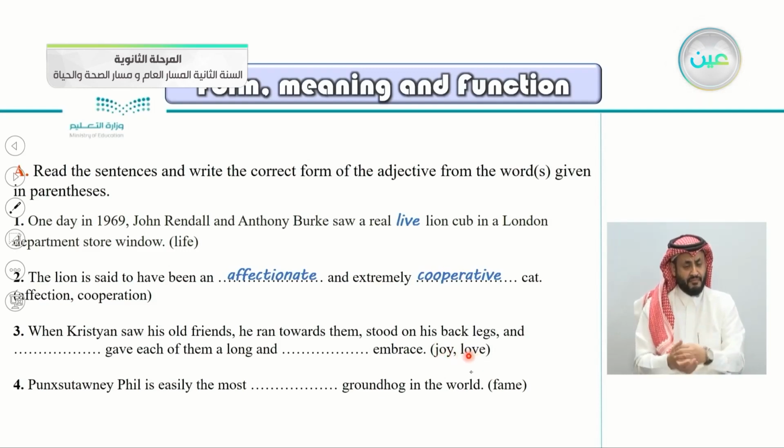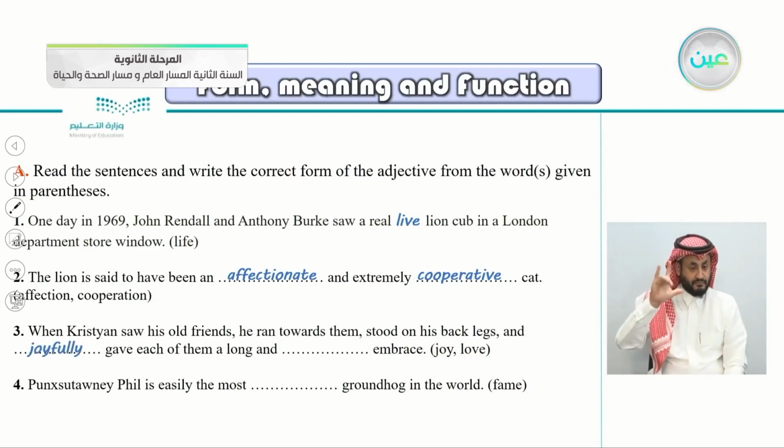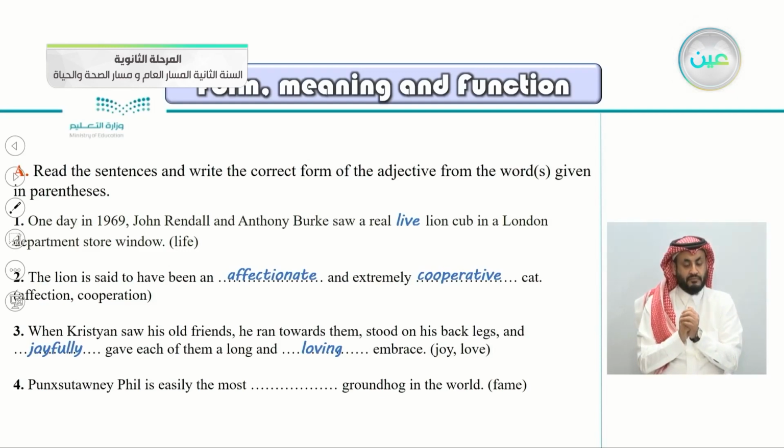Joyful, yes, and loving embrace. So, when Christian saw his old friends, he ran towards them, stood on his back legs, and joyfully gave each of them a long and loving embrace.